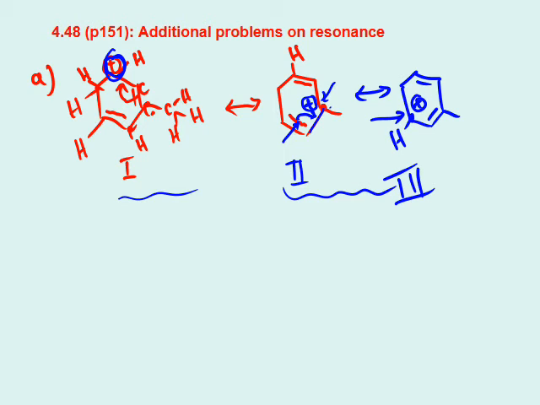Let's try now another compound, which is 48C. For 48C, let's use again a different pen color. Let's draw a line here. 48C, again I have a 6-membered ring, so let's have a 6-membered ring.